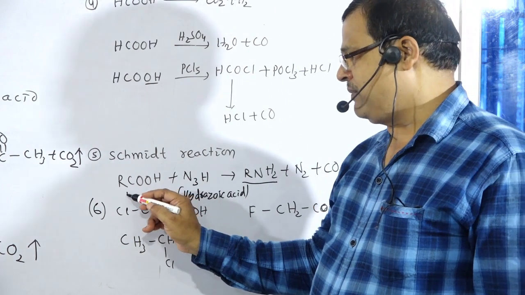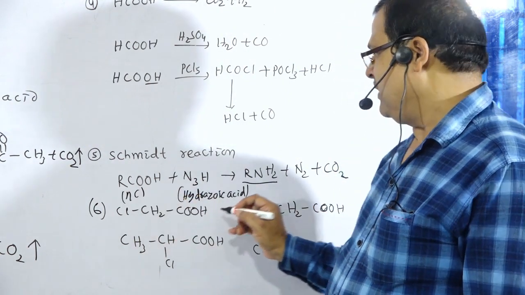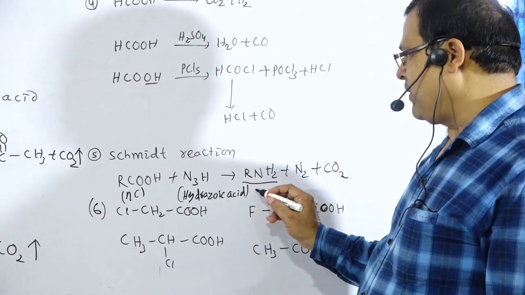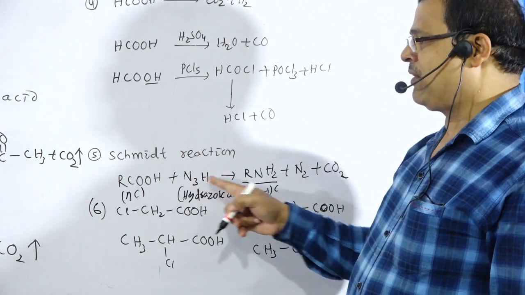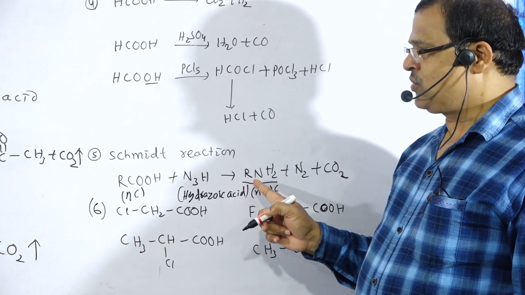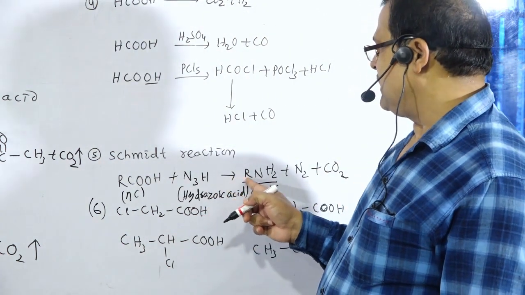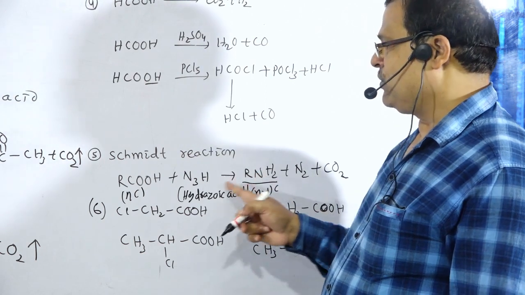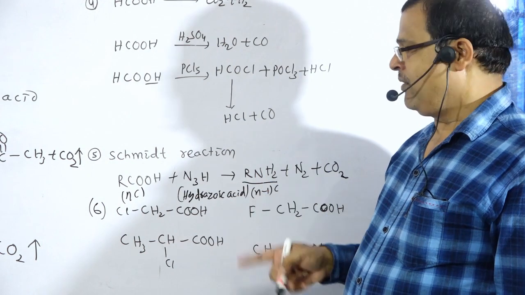For example, if the acid contains N number of carbon atoms, then the amine so formed is N-1 carbon, one carbon atom less. This is also one of the important methods for the preparation of aliphatic amines by decreasing the carbon content.